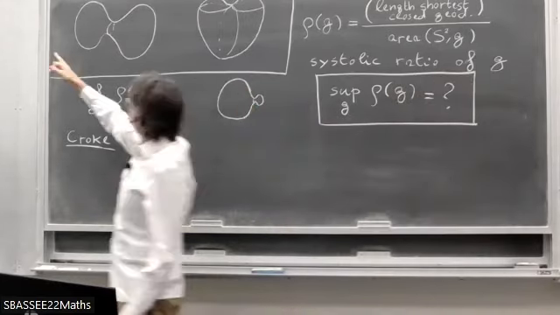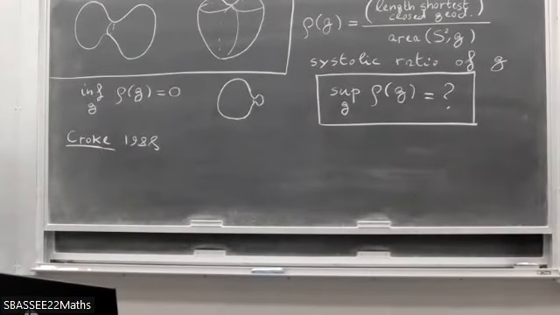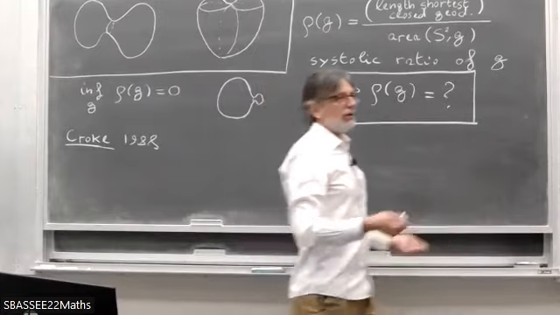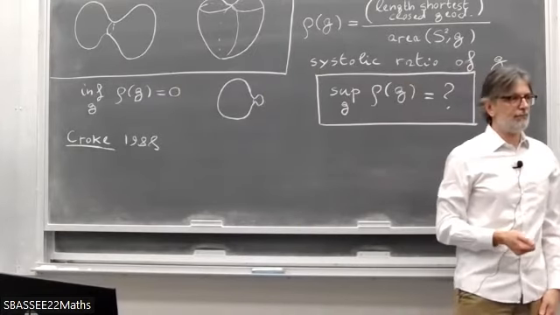But also the torus. The torus. No matter what, the infimum systolic ratio will always be 0.